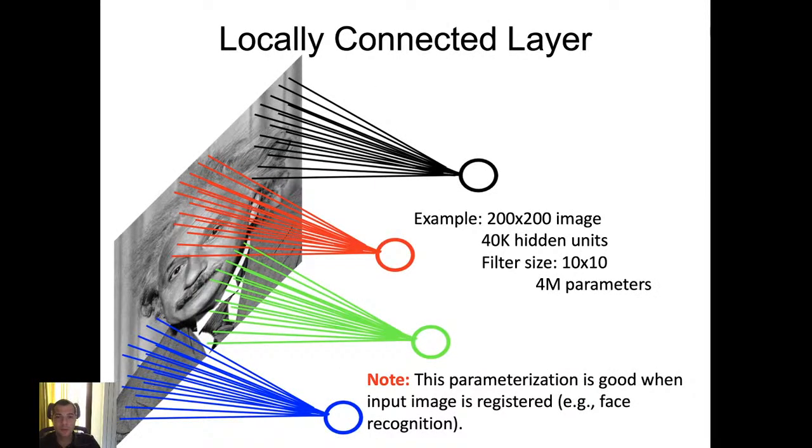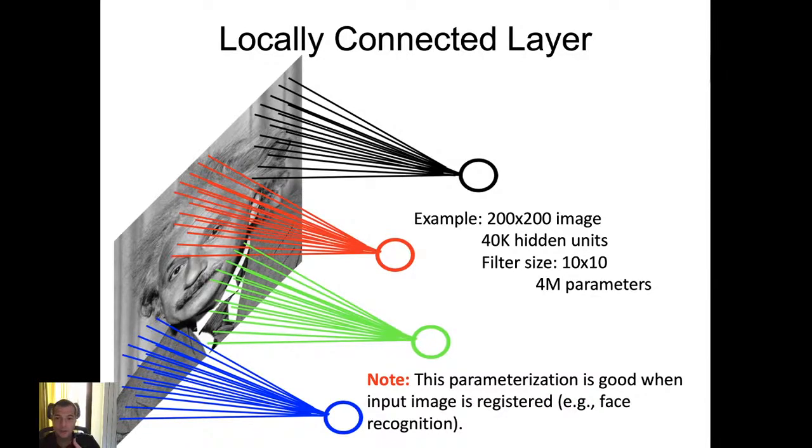So for example, what we want to do is to replace these units with some layers that are locally connected. Instead of having weights with respect to the entire image, we just have weights to some local parts of the image, and then these units will be able to learn some discriminative features from the input image.